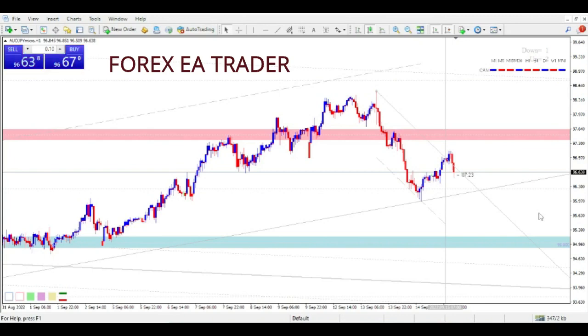But if you have an indicator that is giving you money with your manual trading, then potentially you can turn it into a robot, because what you want to do with your robots is be as mechanical as possible. If this happens, do this. You want to tell this robot, if this appears on the chart, do this. If this happens on the chart, do that.